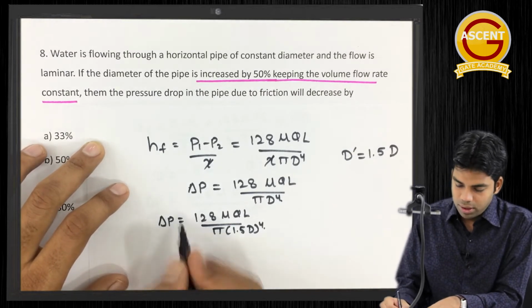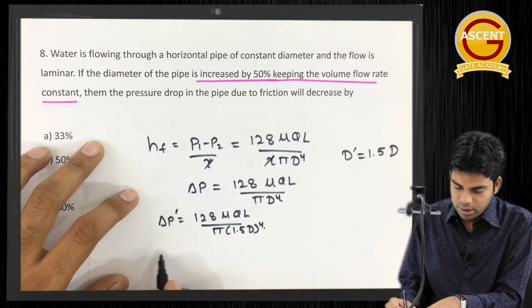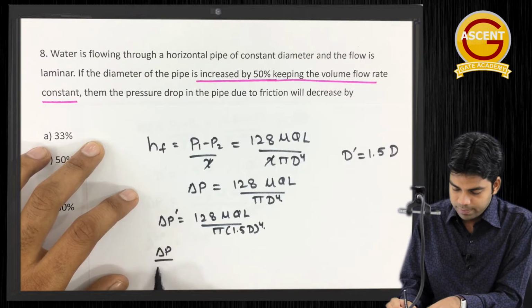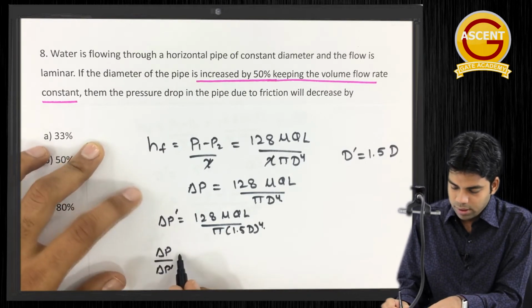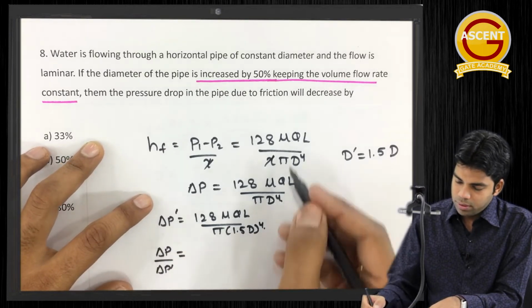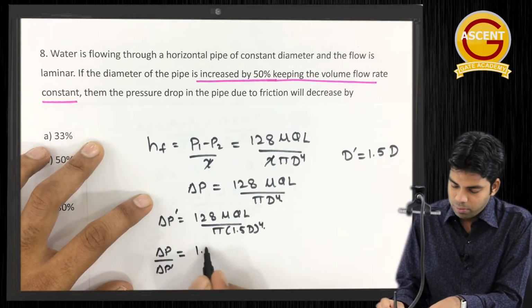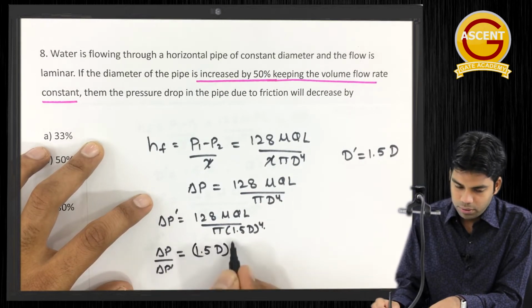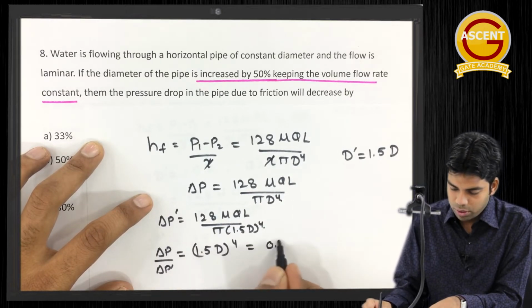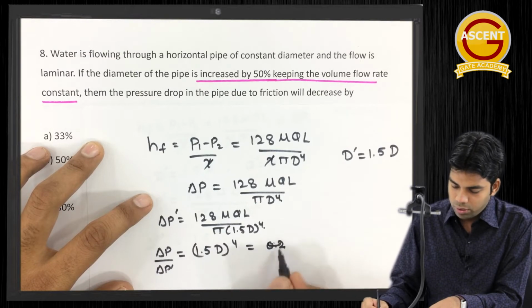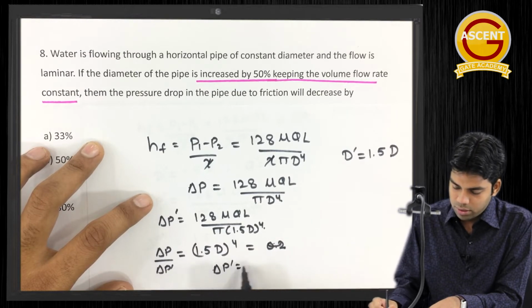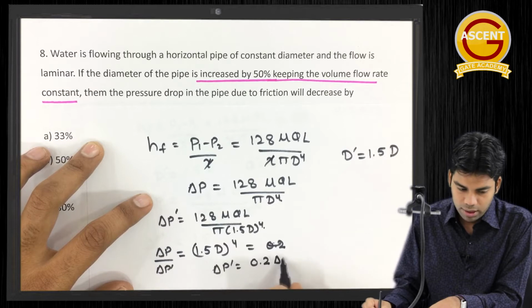So from here this del P by del P dash, just divide this, we will get 1.5 d to the power 4. Okay, so del P dash is equal to 0.2 times of del P. Okay, so answer should be D.